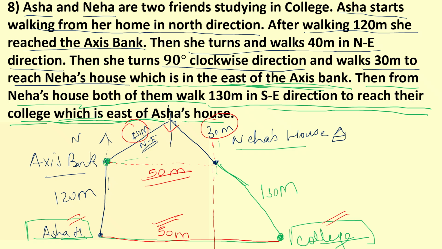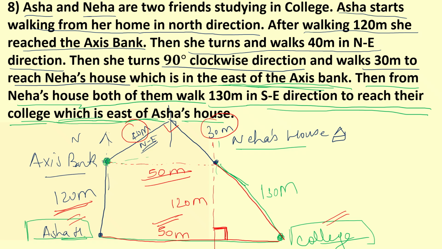Now till here, what is the distance that we need to find out? So there you can apply the Pythagoras theorem, correct? So if this is 120 meter, this will be 120 meter and this is your right angle form. So this distance if you get, 50 meter plus that will be your answer. Now see, when you're applying the Pythagoras theorem, this is your hypotenuse, correct?